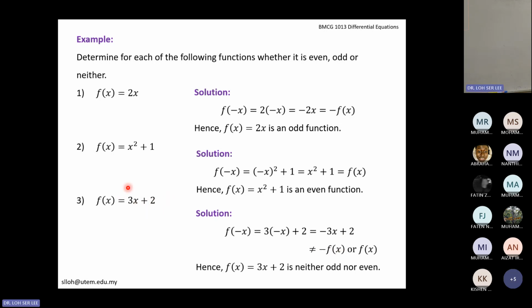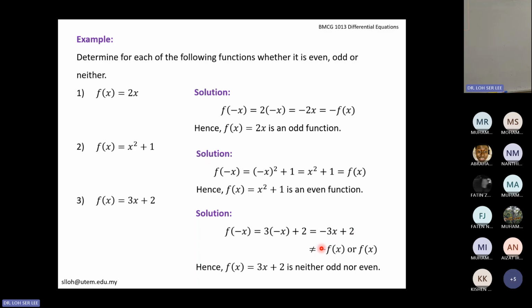What should it be for negative fx? Negative fx means negative bracket 3x plus 2. When you expand, you get negative 3x minus 2. This is not negative 3x minus 2 as well.